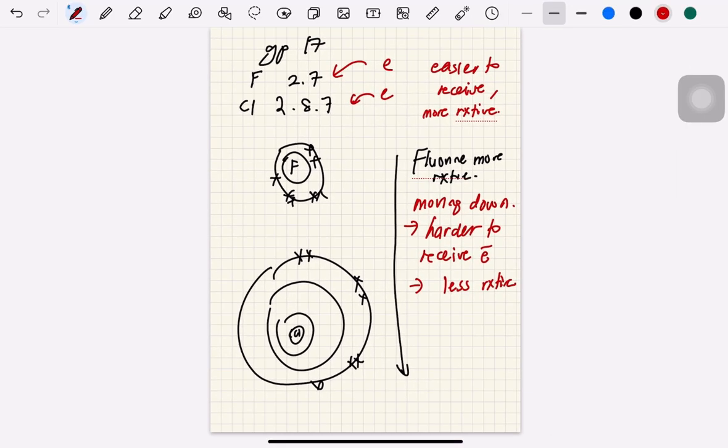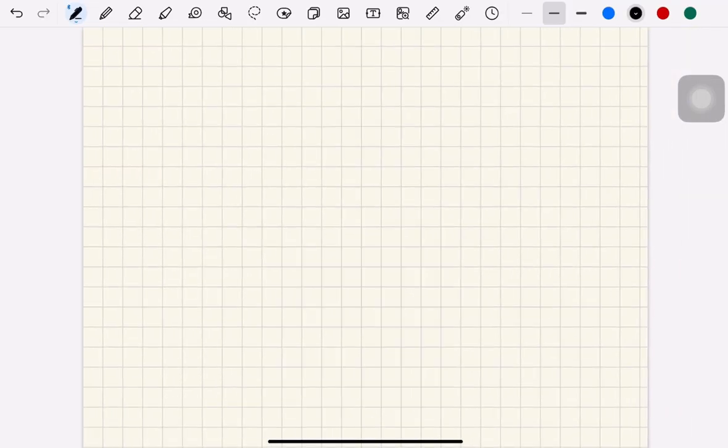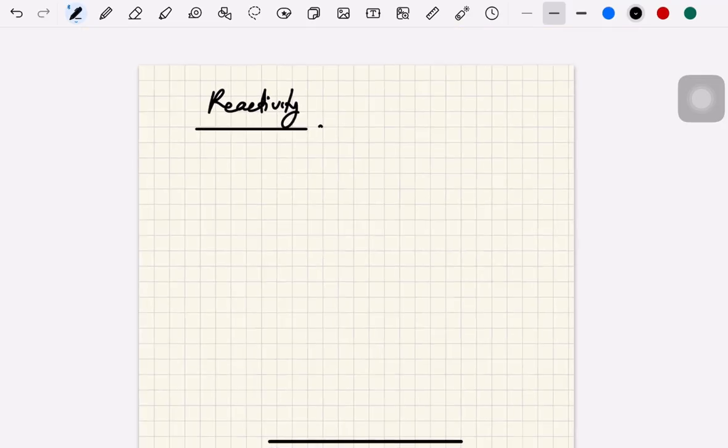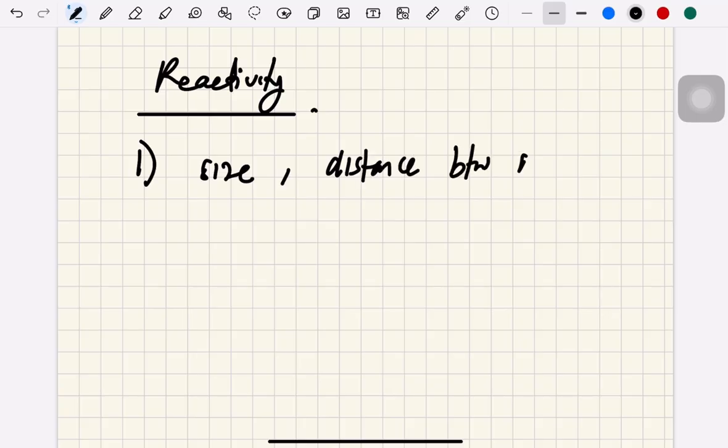Okay, alright. So if you notice, when you want to talk about reactivity, what do you have to talk about? One, going down, how the size changes, the atomic size. And then if you elaborate on size, talk about the distance between what?